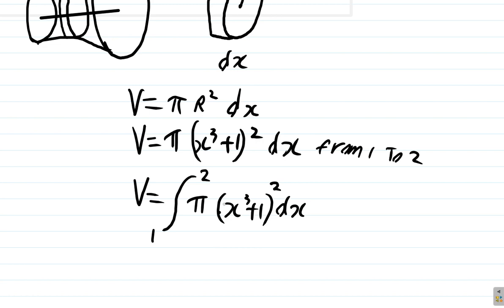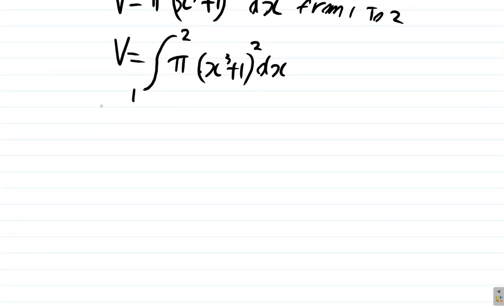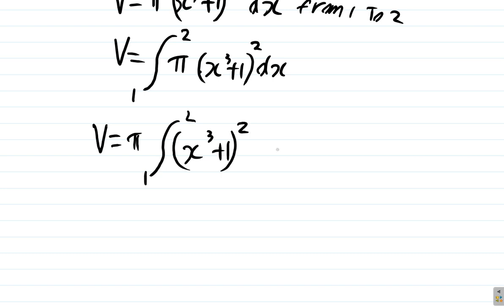Now, you could use integration by substitution, or you could just expand this. Let's expand it and integrate. Now here, the pi is just a number, so you could take it outside the integral. Volume is pi times the integral from 1 to 2 of (x cubed plus 1) squared dx. Now what is (x cubed plus 1) squared?